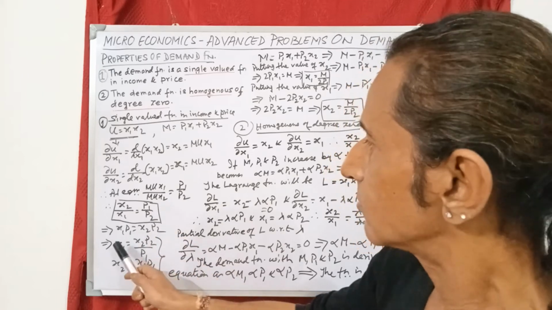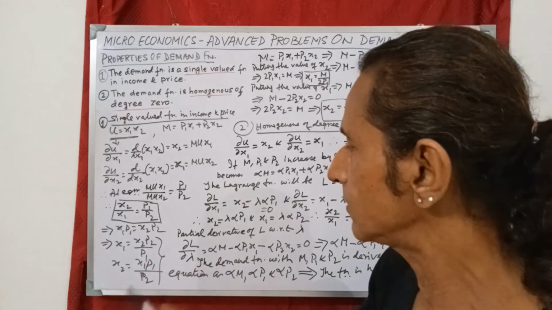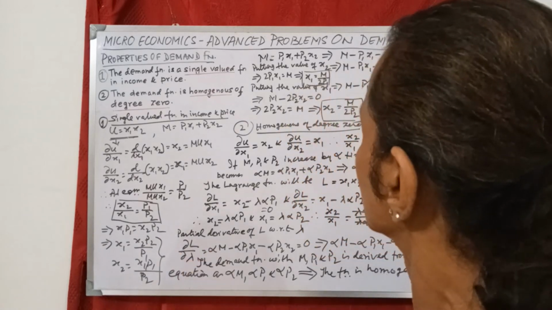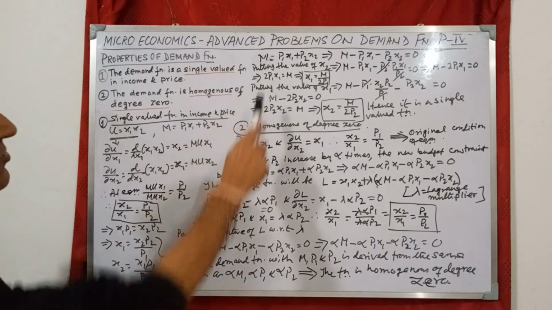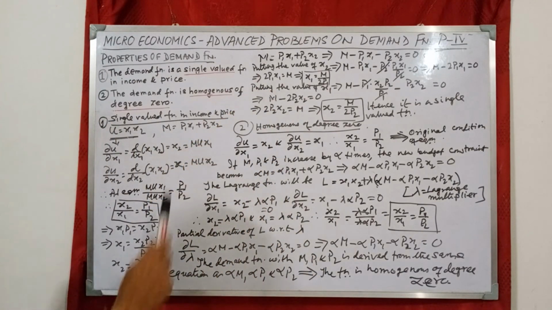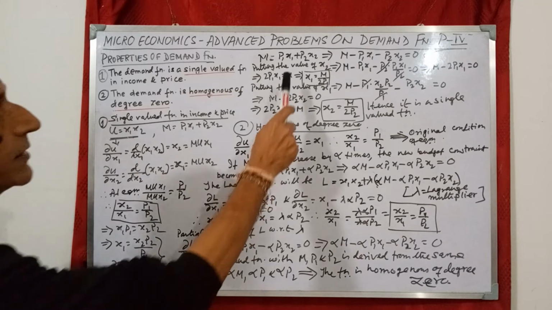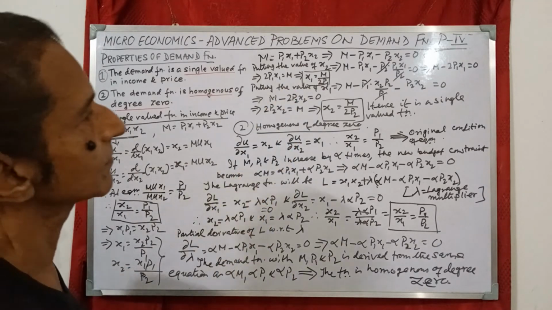From here we have found out the values of x1 and x2. x1 equals x2 p2 by p1, and x2 equals x1 p1 by p2. Now this is the budget constraint, m equals p1 x1 plus p2 x2. We have simply put the values of x1 and x2 one by one in the budget constraint, right?